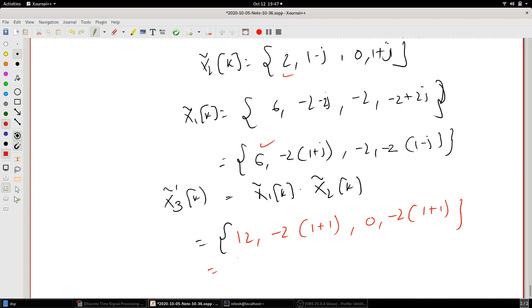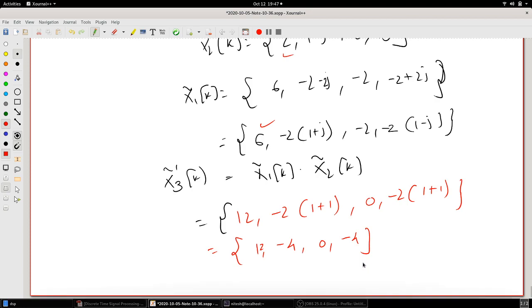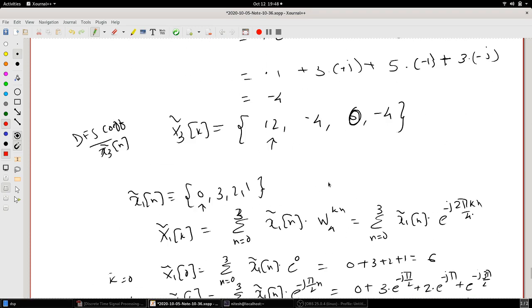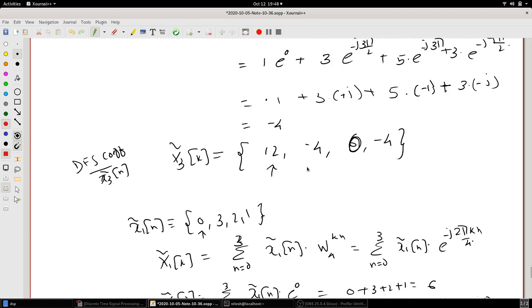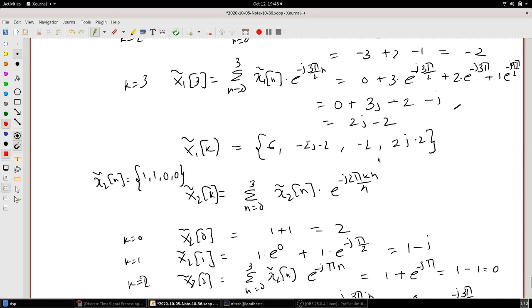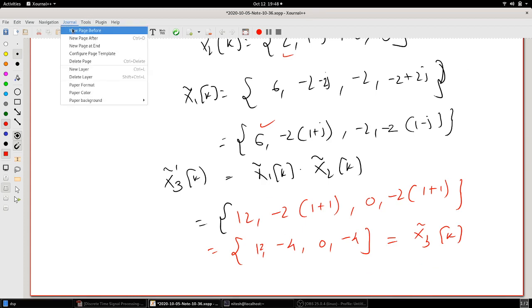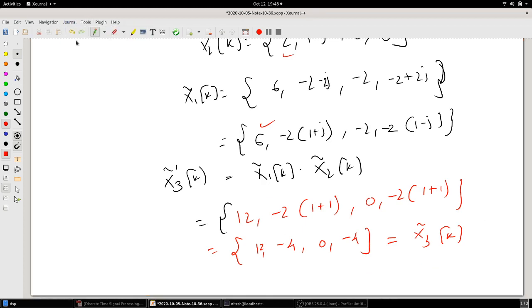So we have 12, minus 4, 0, minus 4. This is your answer for x3 prime of k, which is the same thing you had got, equal to x3 tilde of k.